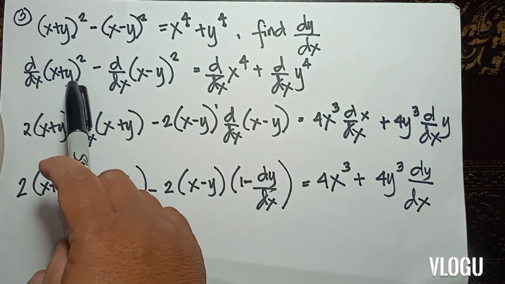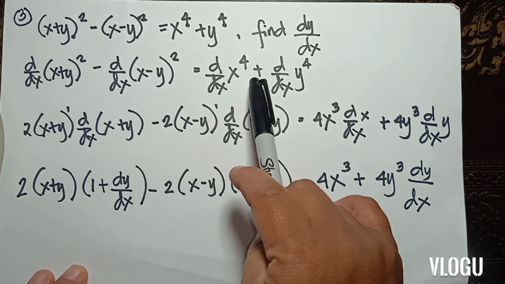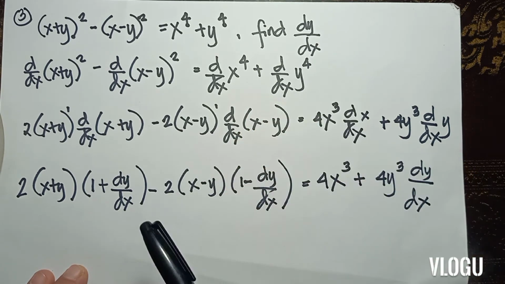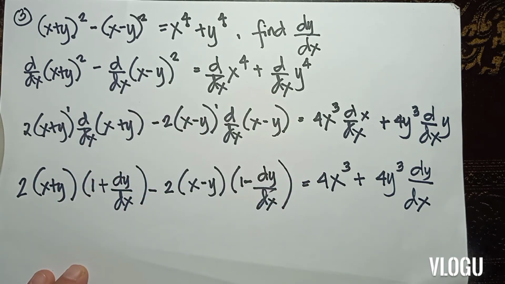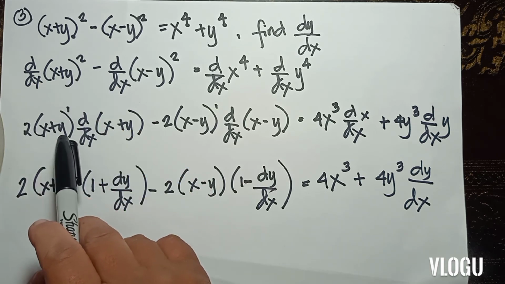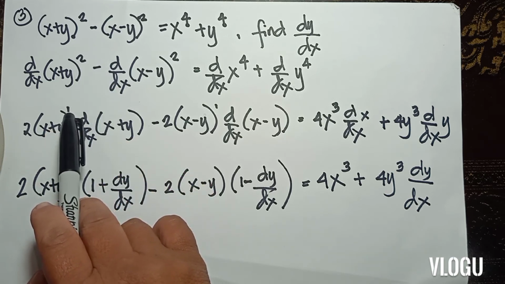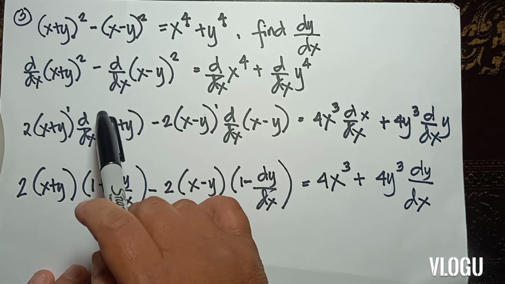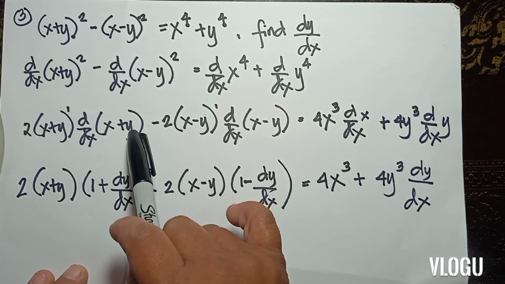So d/dx of (x plus y) squared minus d/dx of (x minus y) squared is equal to the derivative of x to the fourth plus the derivative of y to the fourth. We have an exponent here, so we start with the exponent. The exponent is 2, so 2(x plus y), 2 minus 1, that's the reason you will have 1. You don't need to write the exponent 1 here; I just write it for illustration. Then the derivative without the exponent, so you will have (x plus y).